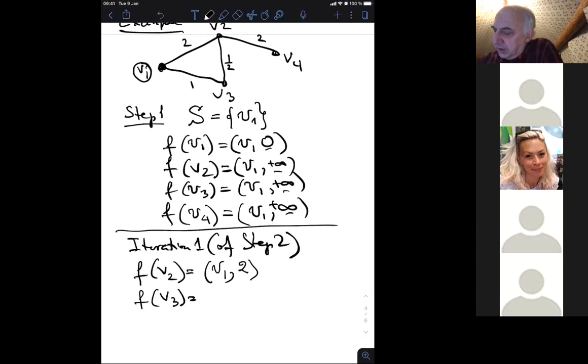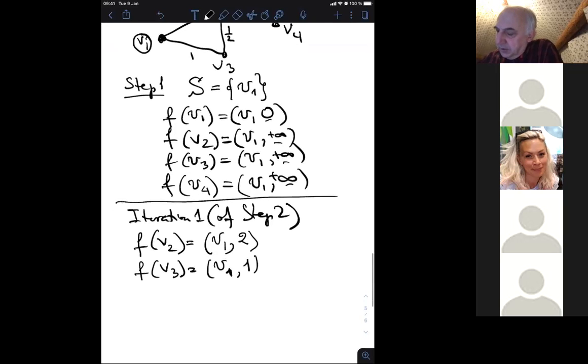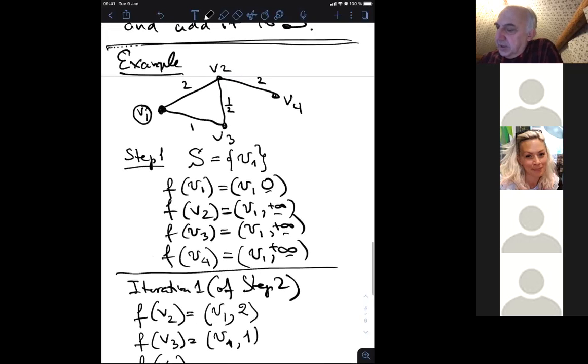V3 I can again connect to V1 by an edge of length 1. So at this stage, this means that I have found paths connecting V2 to V1 of length 2 and V3 to V1 of length 1. What about V4? Well, V4 is not connected to my current set S.